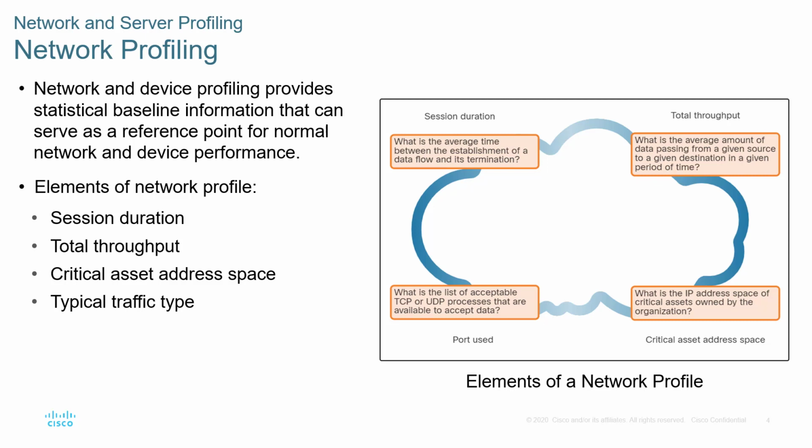Same thing with total throughput, total bandwidth availability. Often it's going to have more resources, space, memory, and processing power, but we can also start looking at traffic type, and that's going to be again based off the port numbers and the ports used.